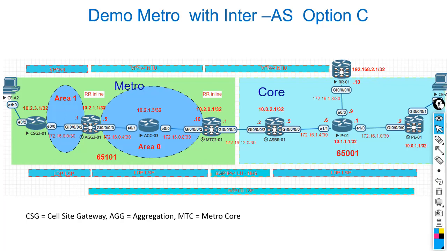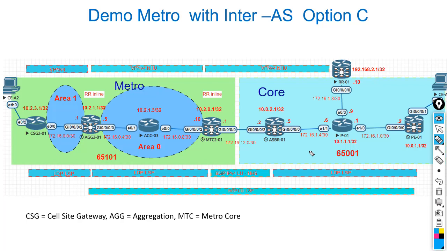Hi everyone, in this video I would like to share how to configure a metro network to integrate with an IP backbone network to provide MPLS VPN service. In this topology, on the left side is the metro network, including the CSG or cell-side gateway router at the access layer, and in the middle are the AGG routers or aggregation, and the MTC router or the metro core.